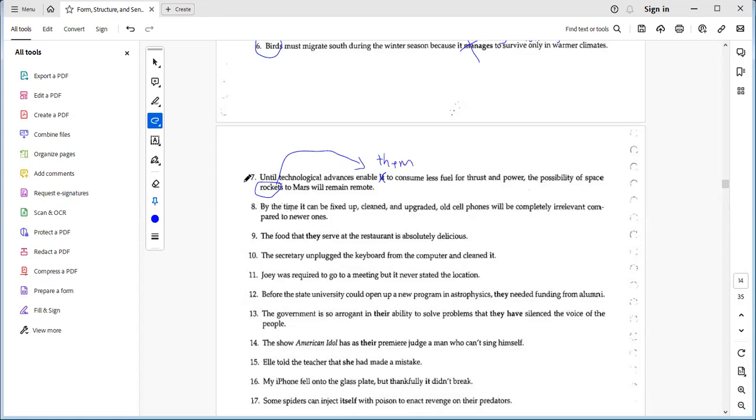Okay, thank you, Mazen. Muhammad Badawi, number 8. Cell phones, so it can be they can fix up. Excellent. They, because it says cell phones. Mister, can I say space rockets instead of them?